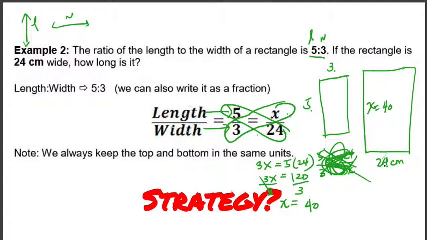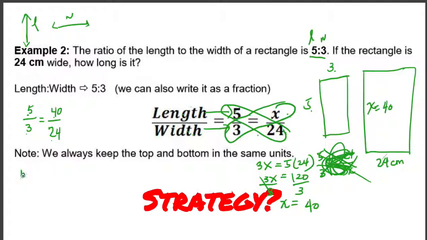What is the scale factor? Now you have 5/3, and now we know the new ratio is 40/24. What did we do to 5 to make it 40? What did we do to 3 to make it 24?